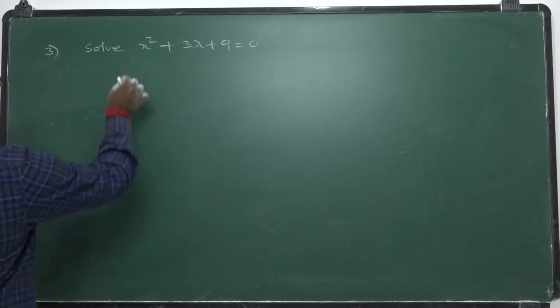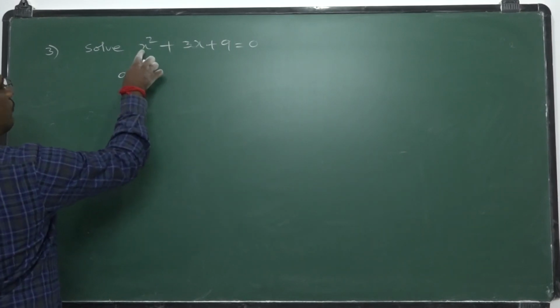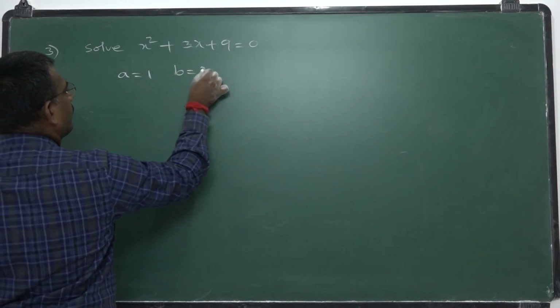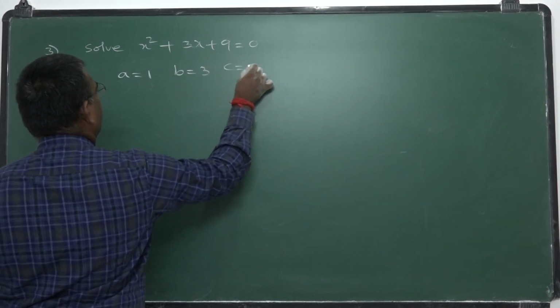So clearly here a equal to 1, coefficient of x square is 1, coefficient of x is 3, b is 3. So last constant term is 9.